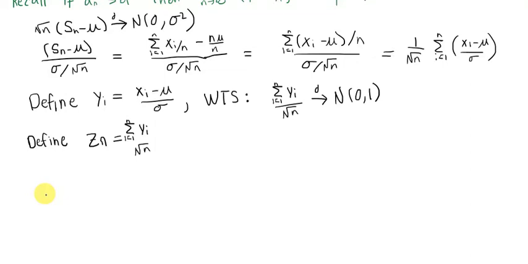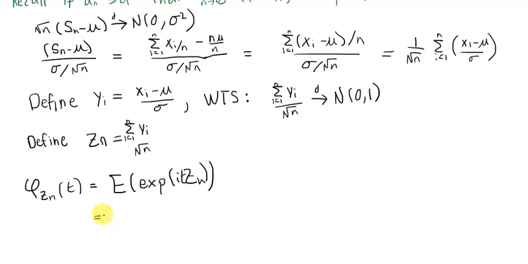So the characteristic function of Zn is a function of t, which is equal to the expected value of exp it Zn. This is by definition of characteristic functions.